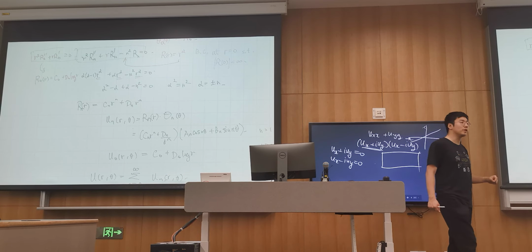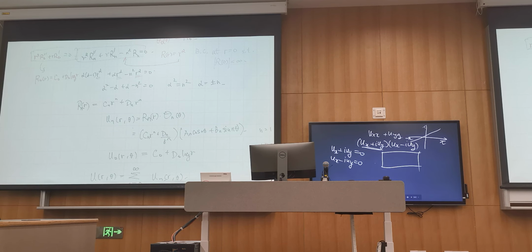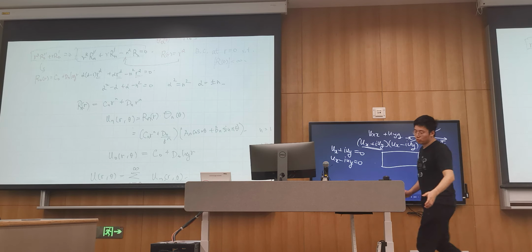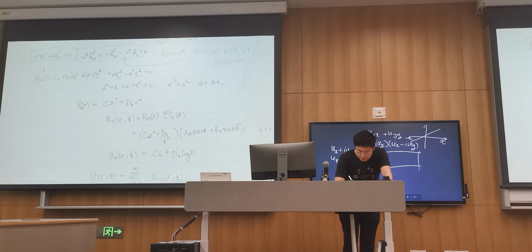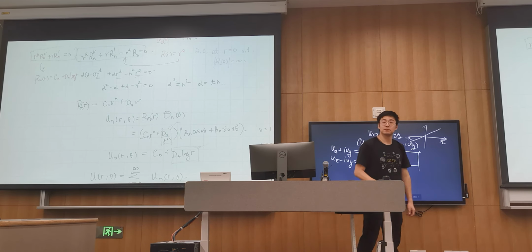So if we consider the finite boundary condition at r equals 0, that rules out this and this, instantly. This goes away, and this goes away.